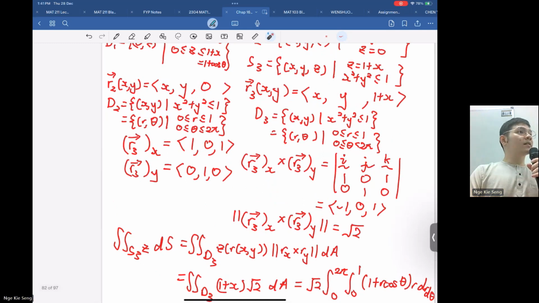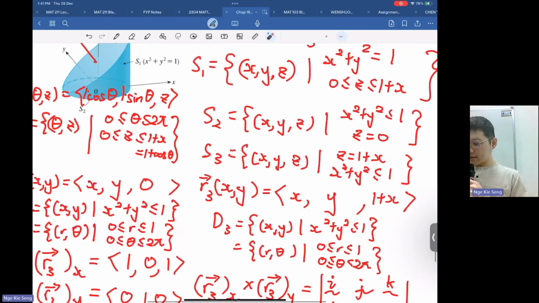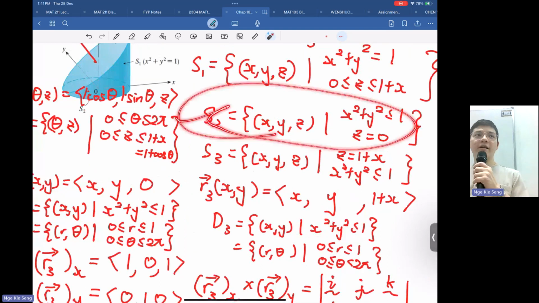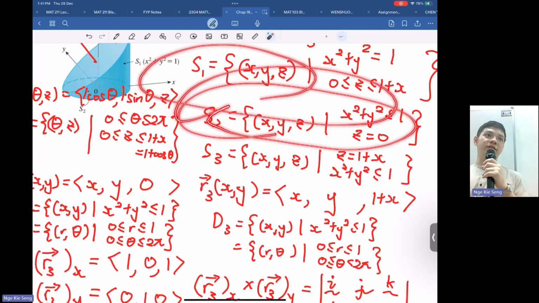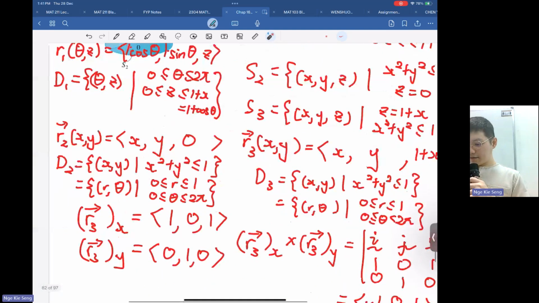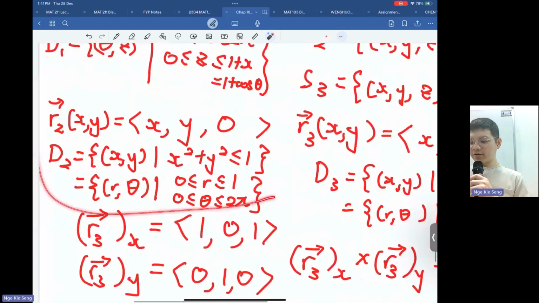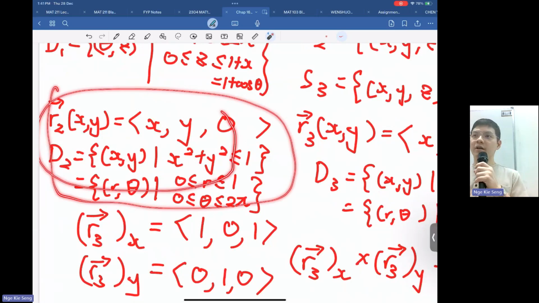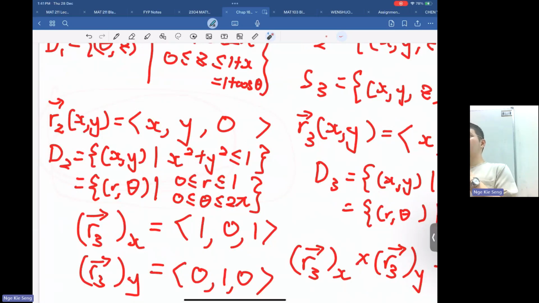Yeah. The integral of S2 is 0. Why can you directly see that the integral over S2 is 0?